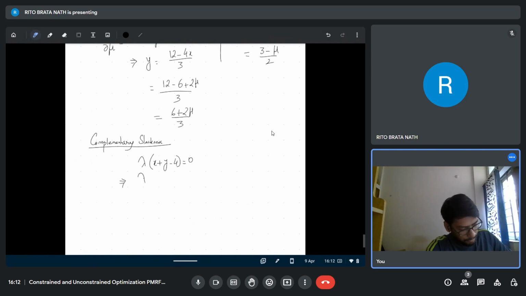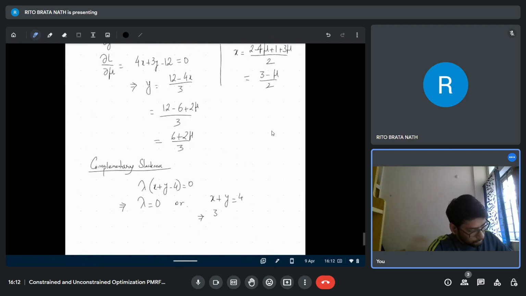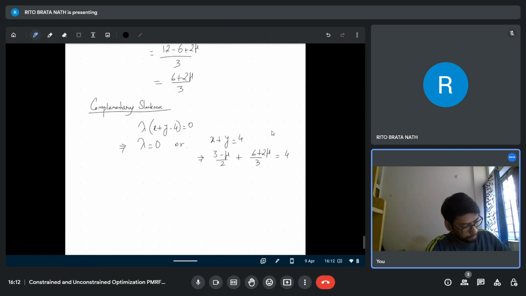It's lambda equals 0 or x plus y equals 4. So in that case, what happens is that x is... so this becomes, let me multiply it by 6.